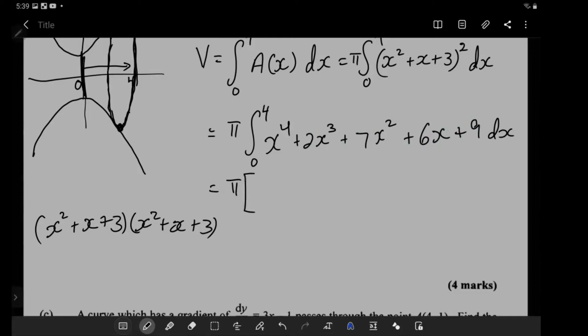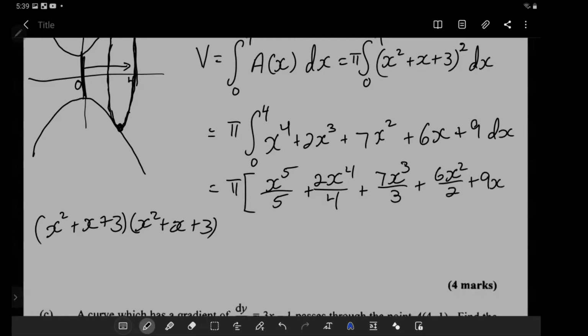That's the power rule for integrals. So we have x to the 5th over 5 plus 2x to the 4th over 4 plus 7x cubed over 3 plus 6x squared over 2 plus 9x. And we want to evaluate that from 0 to 4.